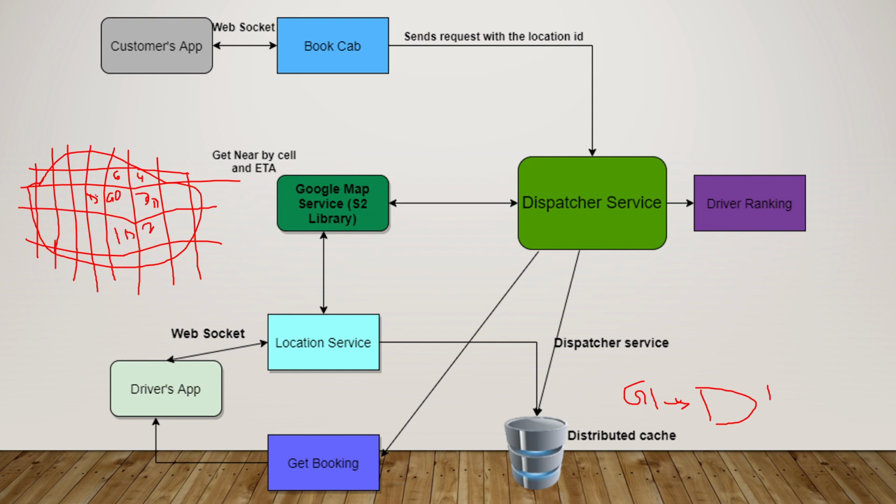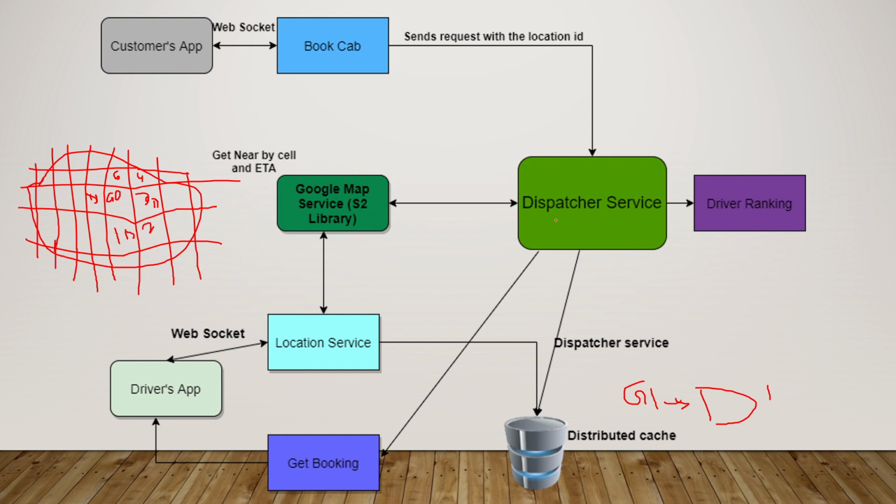For all these three drivers, the Google Map service will give me the ETA. So for D1, how much time it will take for the driver to reach the rider, how much time D2 will take, how much time D3 will take, all these details the Google Map service will give back to the dispatcher service.